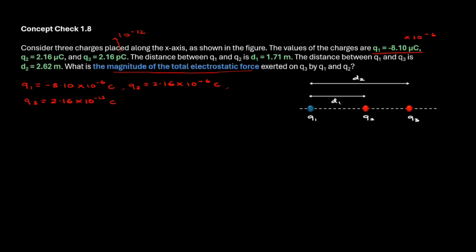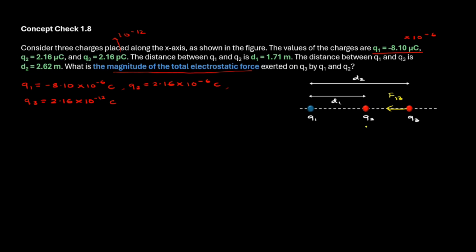So let us first sketch the forces acting on charge Q3. Now Q3 is a positive charge, whereas Q1 is negative. So Q1 will attract Q3 towards itself. Therefore, Q3 will move to the left because of charge Q1, and we will write this force as F13, which is force of charge 1 on charge 3.